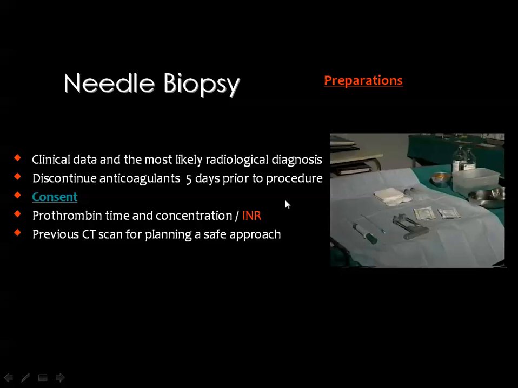Then if the patient is on anticoagulant therapy for any reason, he should discontinue this treatment for 5 days before the procedure. In many institutions, the consent signed by the patient or his relative should be available before the exam.